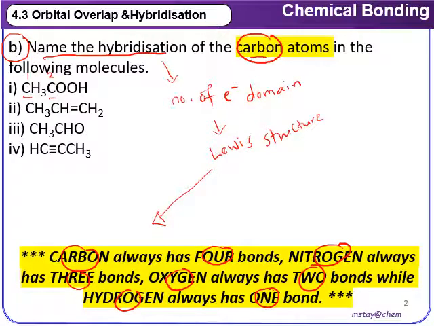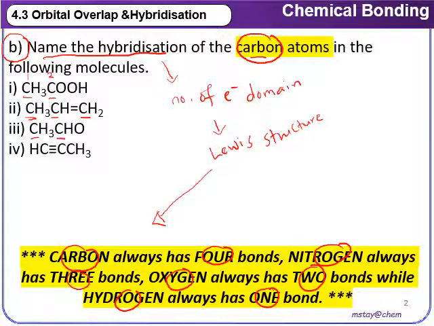In this case, we are not going to draw the Lewis structure as in 4.1 because in 4.1, generally the molecule given consists of only 1 central atom. So in this case, like question number 1, both carbons will be considered as central atoms. And for number 2, CH3, this carbon is a central atom, CH also a central atom, and then this also a central atom.